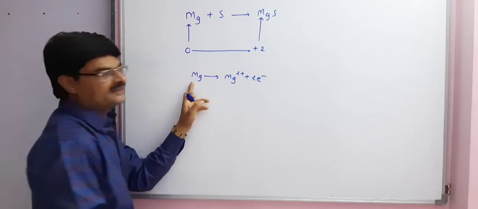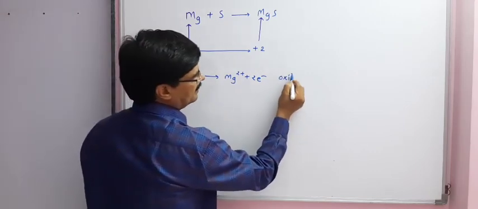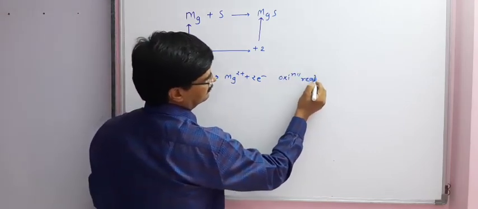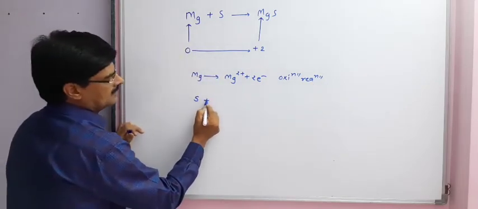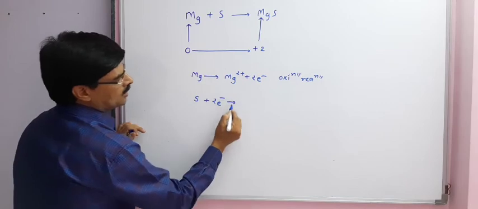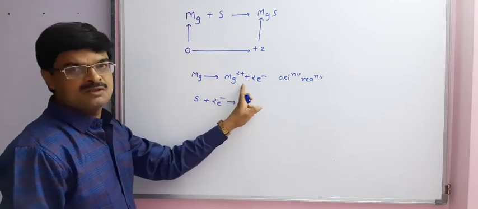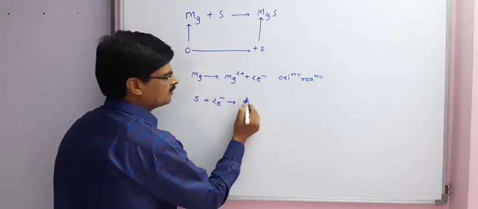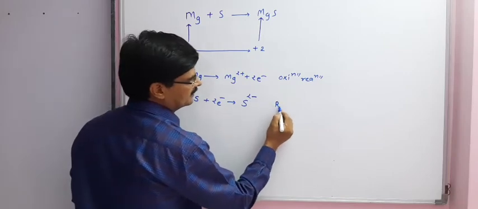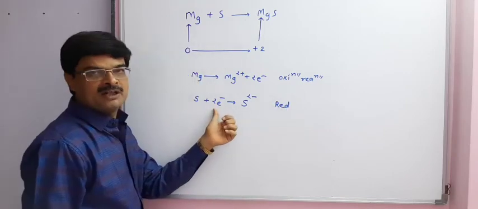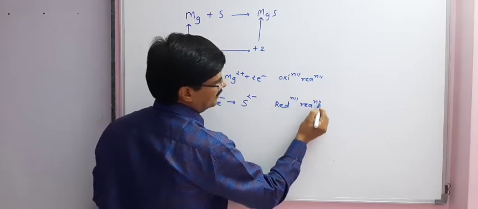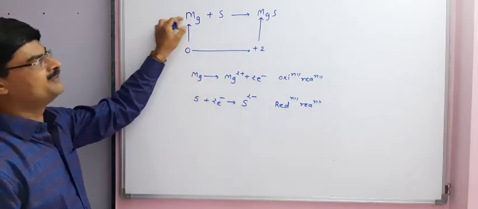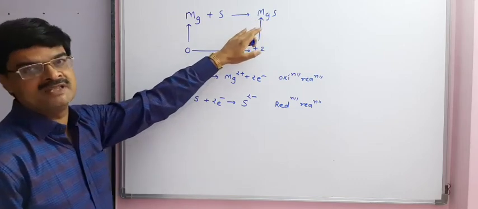So this is the oxidation reaction. Sulfur by gaining 2 electrons, which are lost by magnesium, will convert to S2-. Receiving of electrons, that is why it is the reduction reaction. So the overall reaction is Mg plus S gives MgS.